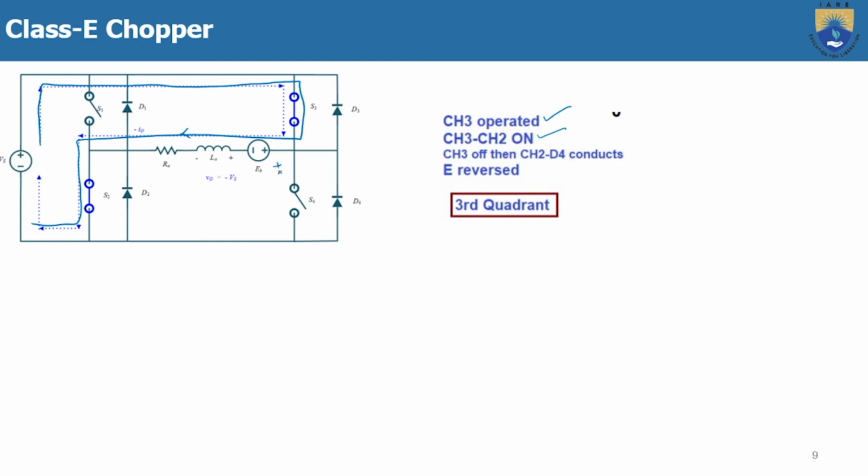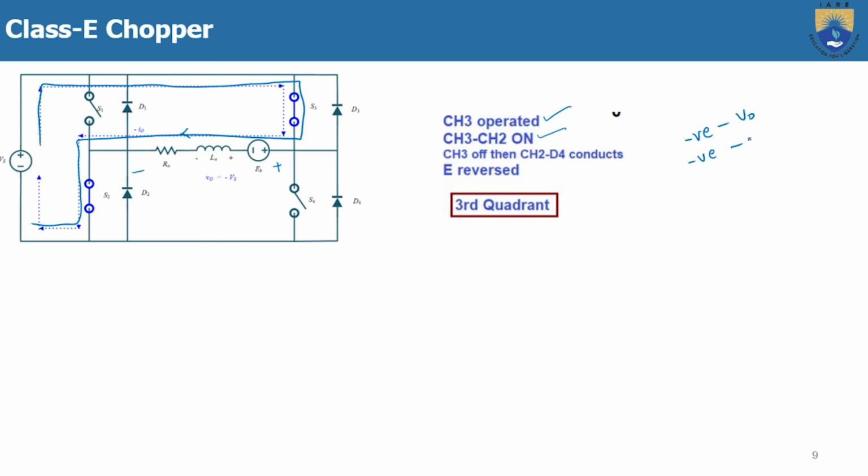So both the output voltage and the output current polarities are different with respect to our reference output voltage and current direction. That's why both output voltage and current are negative.